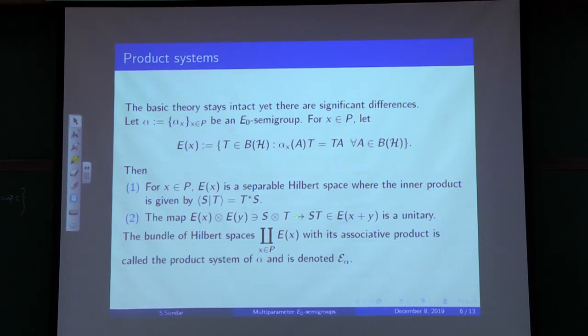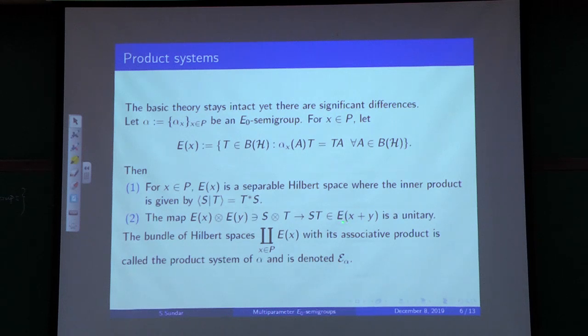It has a product structure. That is, if you take an element S from Ex and T from Ey and compose ST, that will be in E(x+y). So you have a product from Ex times Ey to E(x+y), and that would also be a unitary. Not only is it well defined, it's a unitary between these Hilbert spaces and this Hilbert space.